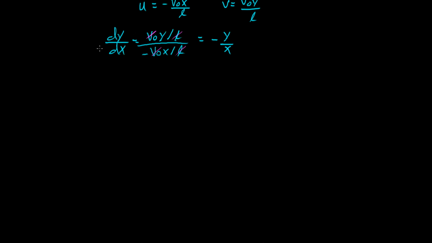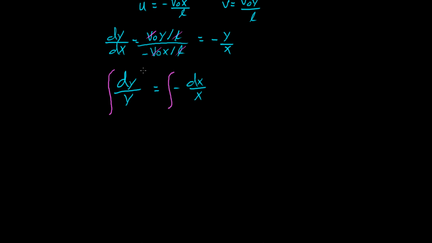So I'm going to divide this side by y, multiply up by dx, and so I can rearrange this to be dy over y is equal to minus dx over x. Now all we need to do is integrate both sides, and we'll be able to figure out the equation of our streamlines.